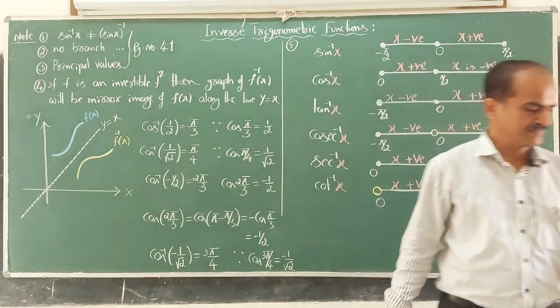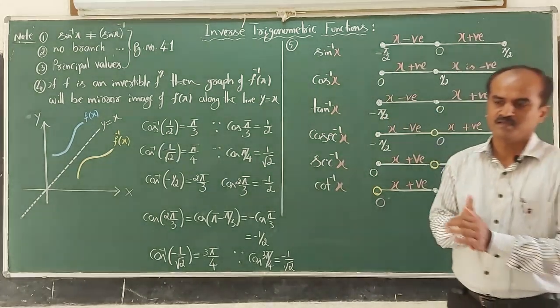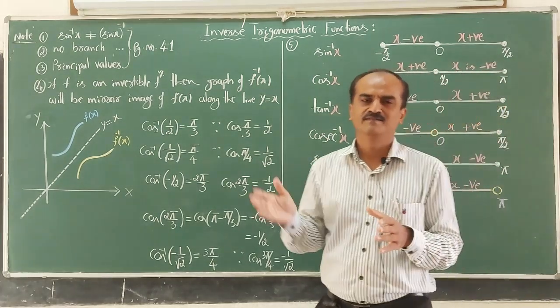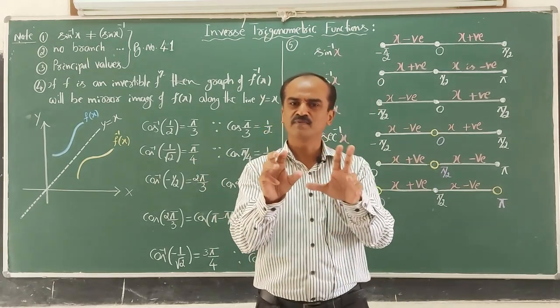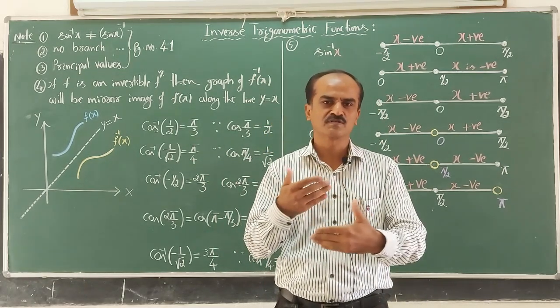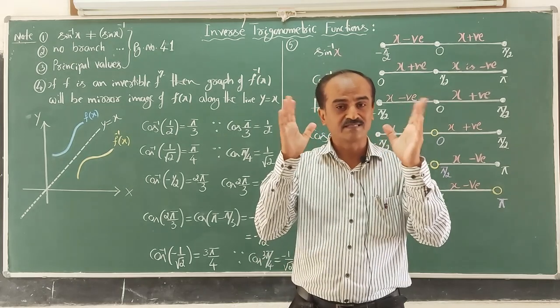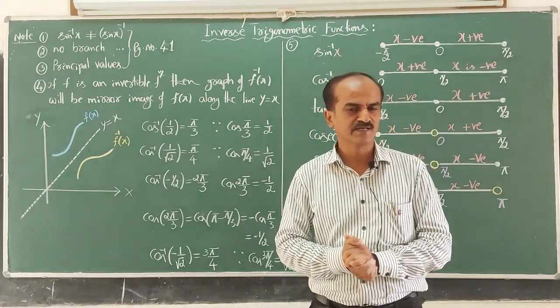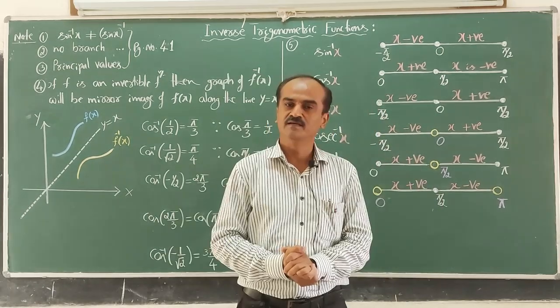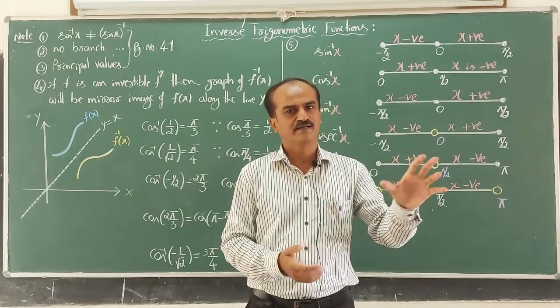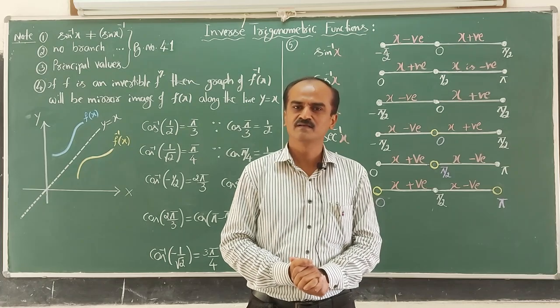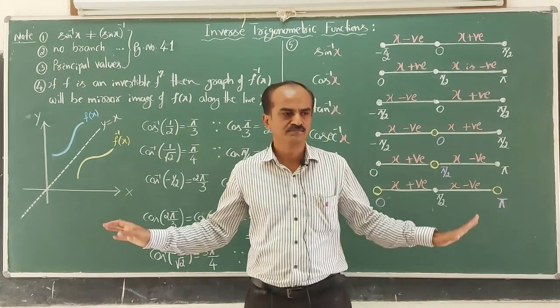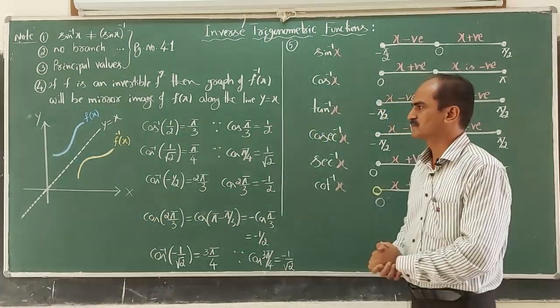So, you should have this information, because whenever sine inverse, cos inverse, tan inverse of some real number is given, it can be either positive or negative. When x is positive, where the value of that inverse trigonometric function will lie, and when x is negative, in which interval it lies, we have to know that. So, this is the extra information that I am providing you.